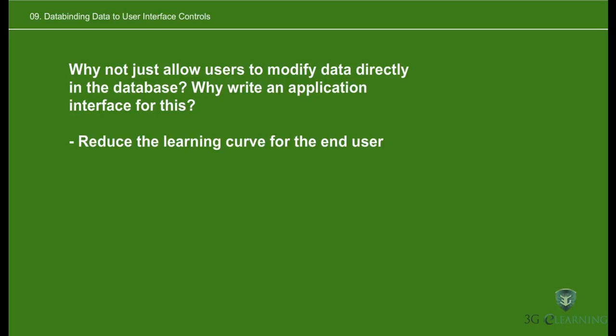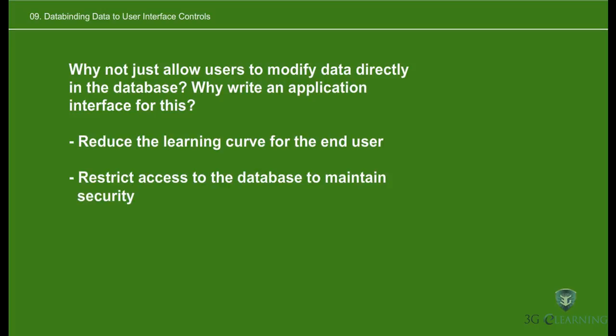When you make a friendly user interface, the idea is to simplify the learning process for the end user, so they can do their job without having to worry about what error message came back or worrying about referential integrity or some complex query. So there's a lot of functionality that you can simplify just by the fact that you're building an application that sits on top of the database.